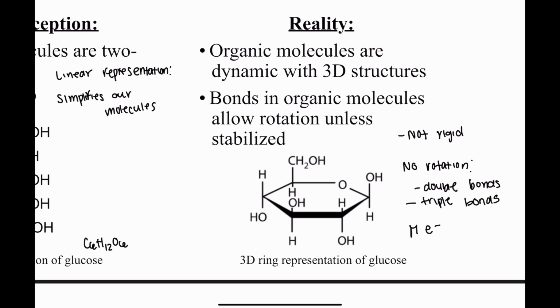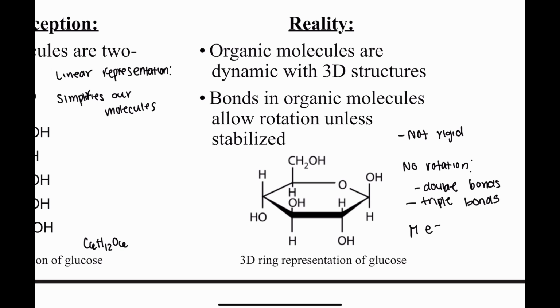But single bonds, also known as sigma bonds, are able to freely rotate because the electrons that are bonding each other are symmetrically distributed. And a symmetrical distribution of electrons allows for rotation. But when we have double or triple bonds, that structure is more rigid and locked in place and stops rotation.